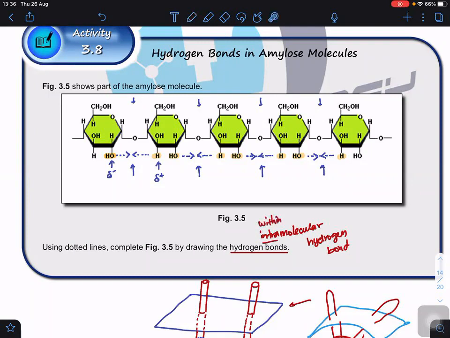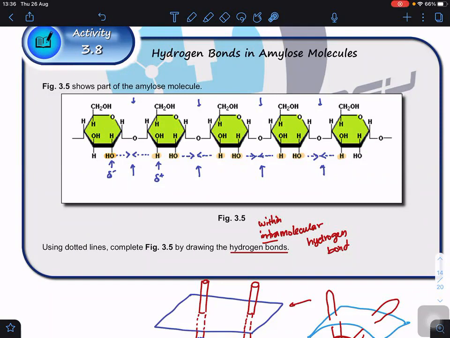This hydrogen bond actually forms within one molecule of amylose, so it is termed an intramolecular hydrogen bond. It will make this amylose molecule turn into a helical shape, and this helical shape makes the amylose very, very compact. Are you clear? So 1,000 of them packed together.